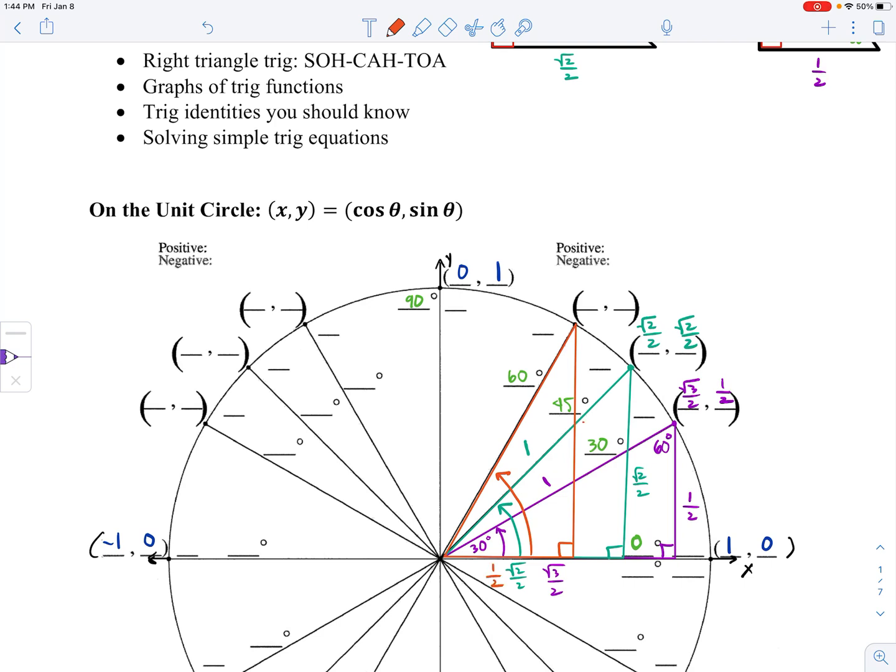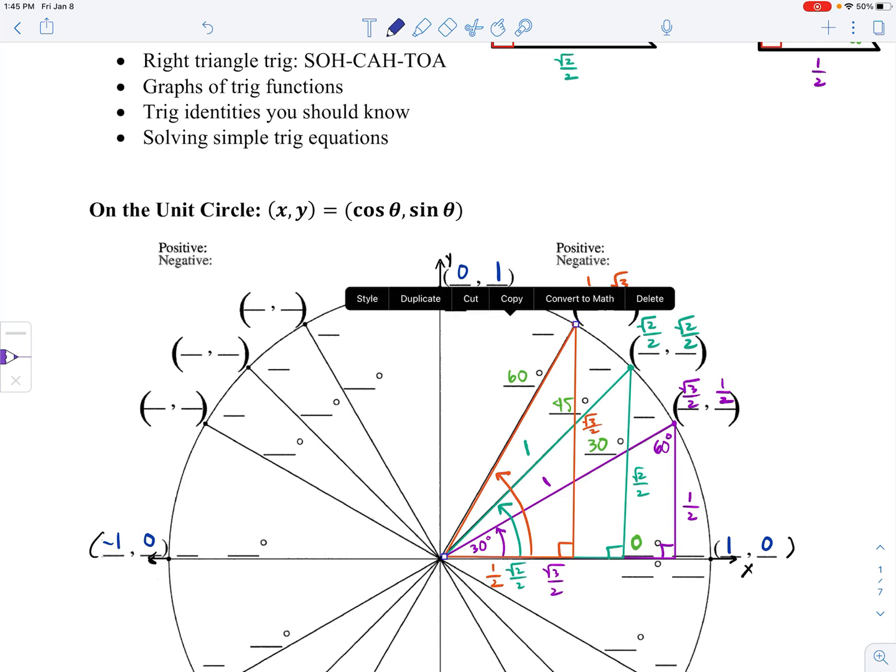The side opposite 30 degrees is a length of 1/2, but the side opposite 60 degrees is root 3 over 2. So the point on the unit circle would be 1/2, comma, root 3 over 2. And then you can use symmetry to fill in the other points.